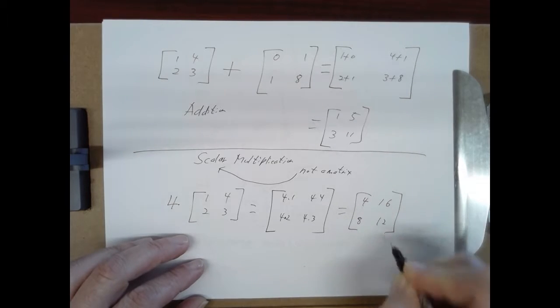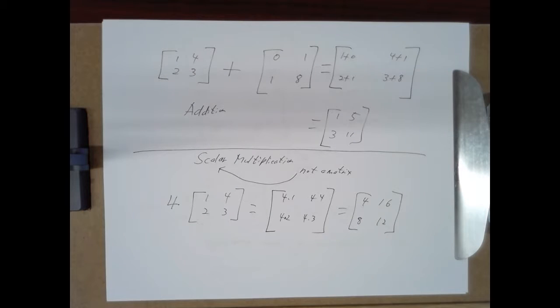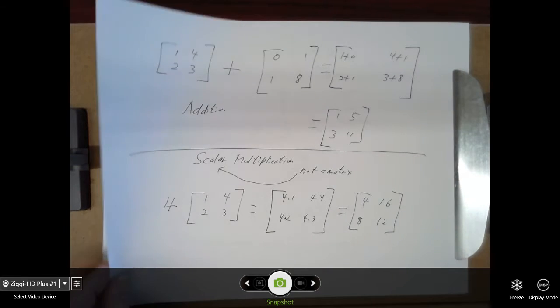So it gives us this matrix. Multiplication of a matrix by a matrix, on the other hand, is trickier.